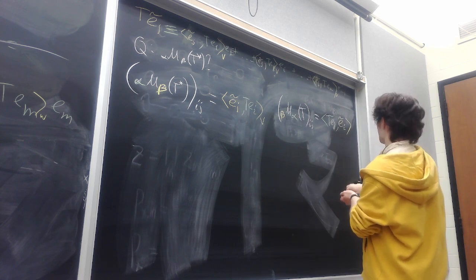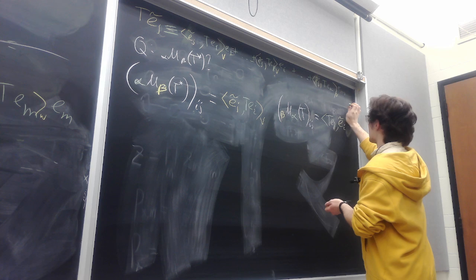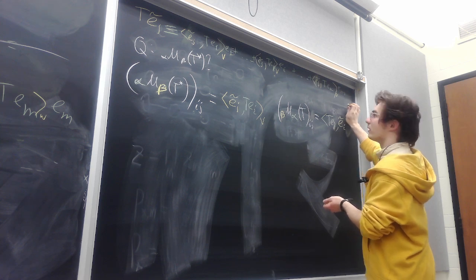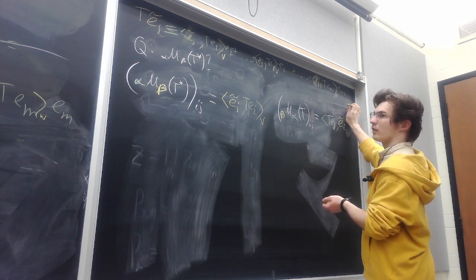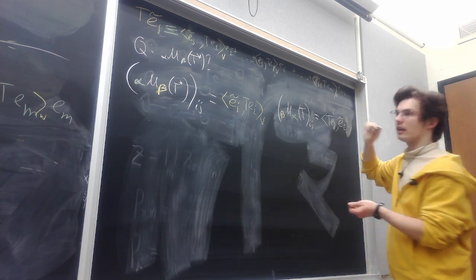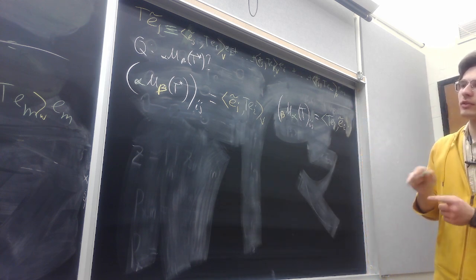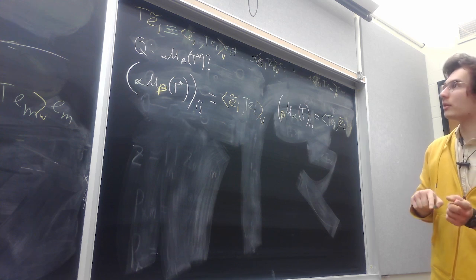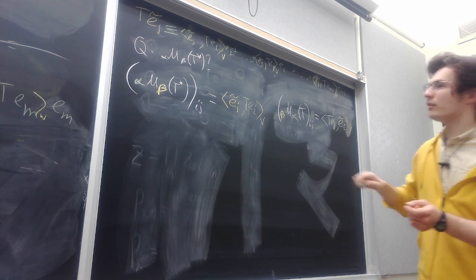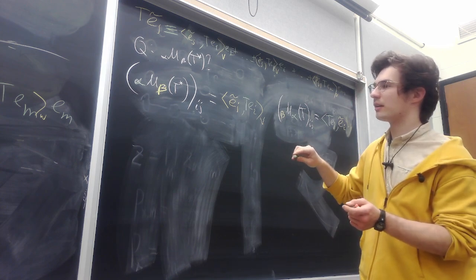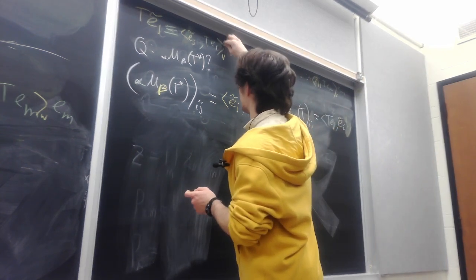Whoops, this was all in. Wait, I messed up my colors. Yellow was for what? Yellow was for V or for W? Yellow was for W. So all of these inner products should be green.